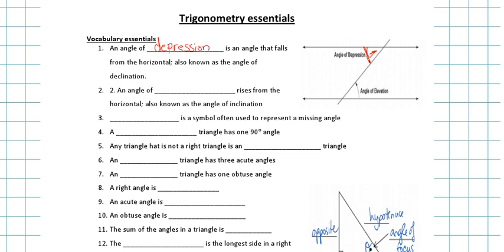Now the angle that rises from the horizontal is called an angle of elevation.